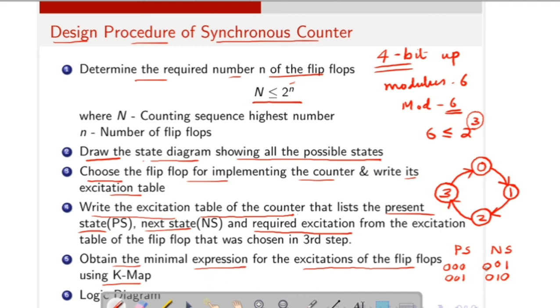Find out the minimal expression from the excitation table of the counter using the K-map. Then when you obtain the equation for the inputs of the flip-flop, you can easily draw the logic diagram of the counter. Okay, so these are the steps to be followed to design a synchronous counter, right?